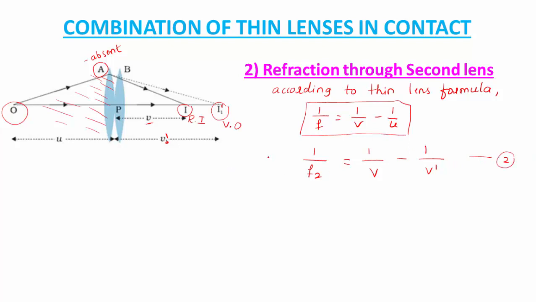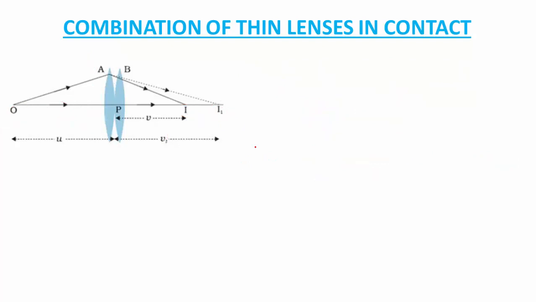Now adding both the equations. Adding equation 1 from the first case and equation 2 from the second case. In equation 1, the RHS is 1 by v dash minus 1 by u.